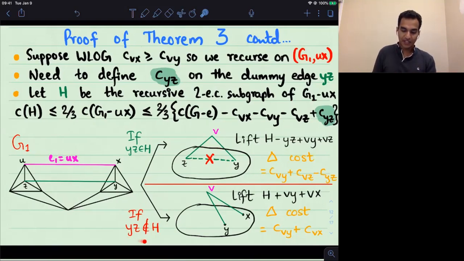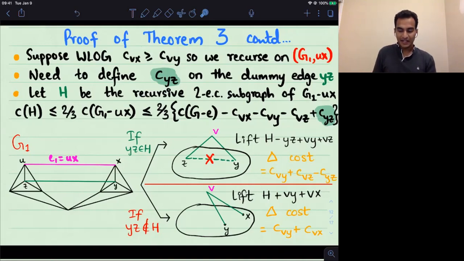And if the dummy edge does not belong to H, then we include the edges Vx and Vy. Observe that the edge Vy is always present, whereas depending on what outcome comes out, we do two different operations.